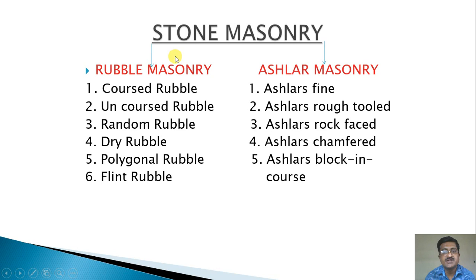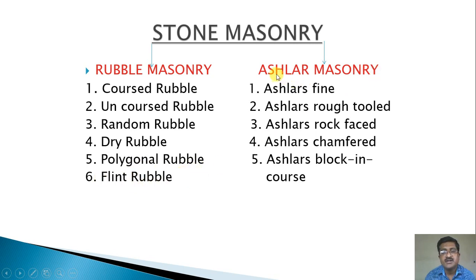Now, if you see, stone masonry is divided into two parts: rubble masonry and ashlar masonry. In rubble masonry, there are various types: coursed rubble masonry, uncoursed rubble masonry, random rubble masonry, dry rubble masonry, polygonal rubble masonry, flint rubble masonry.